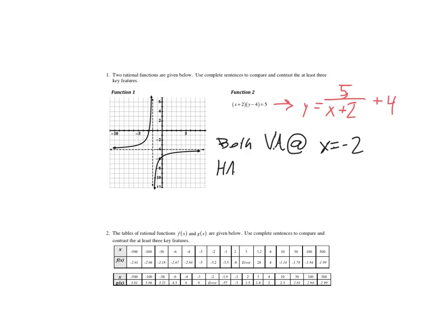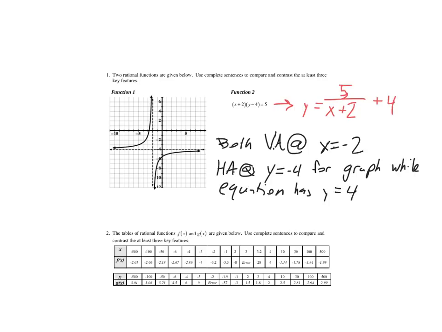The horizontal asymptote at y equals -4 for the graph, while the function, the equation, has y equals 4.